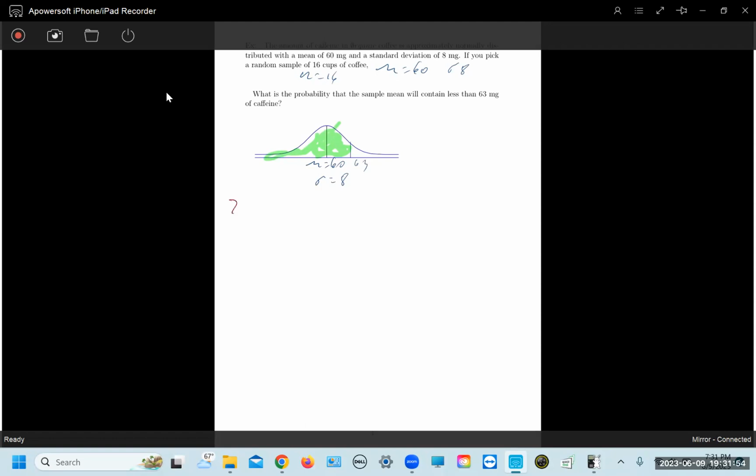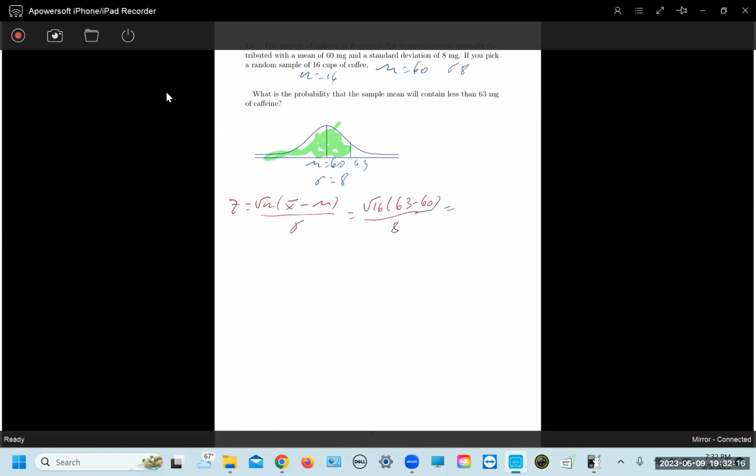Z equals X bar minus mu over sigma over square root of n. So we have square root of 16 times 63 minus 60 over 8, which is 1.5.